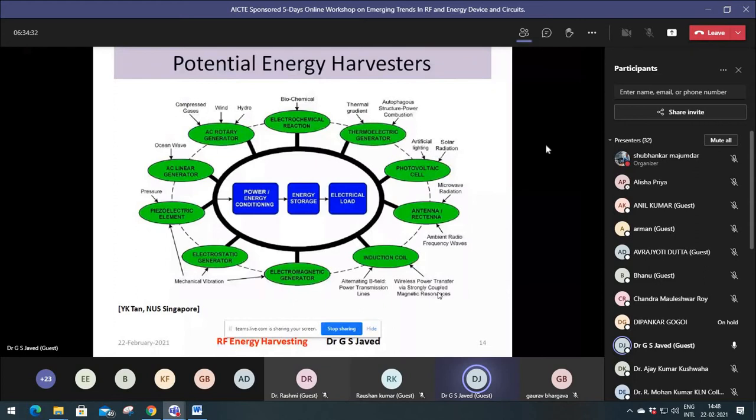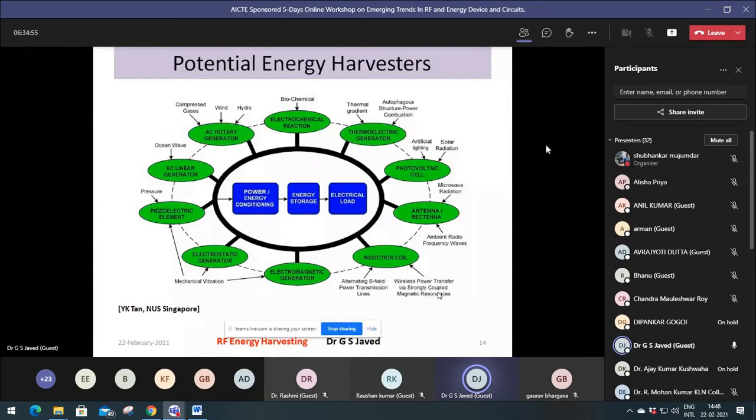Next one is the antenna or a rectenna. A rectenna is a rectified antenna, where we will look at RF energy harvesting, where you are basically looking at microwave radiation absorption and ambient radio frequency waves. We will look into more detail in this block. Next, we have the induction coil.